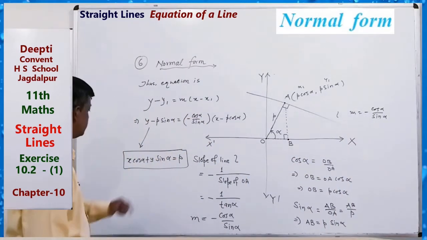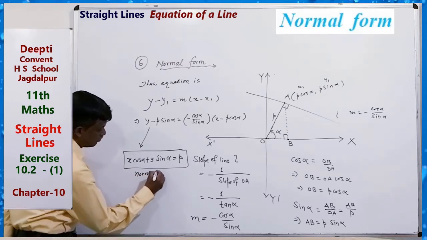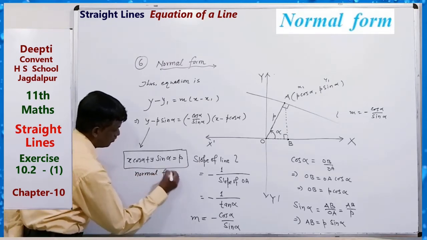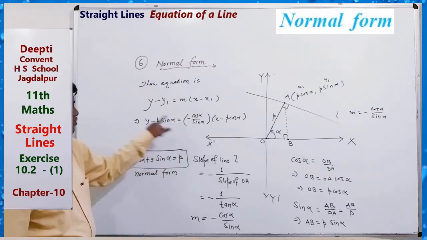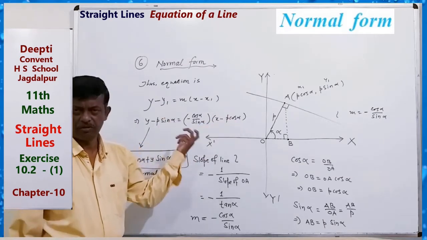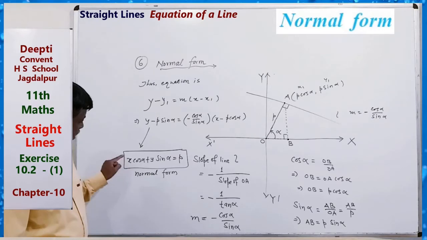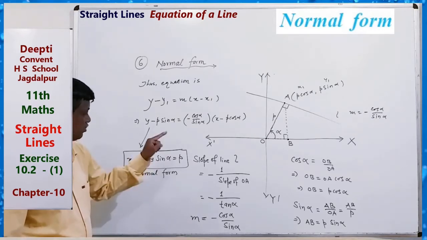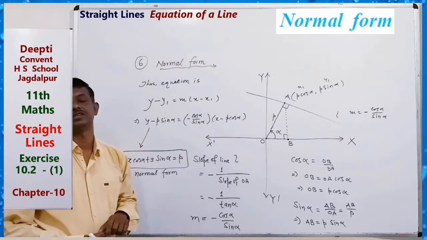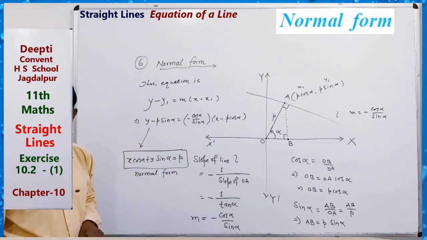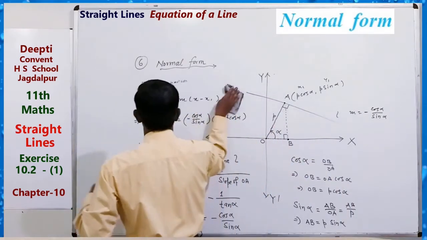So this is the normal form. You can solve it; just multiply here and solve it. After solving, you get x cos alpha plus y sin alpha equals p, where alpha means this angle and p means the perpendicular distance of the line from the origin. Clear? So the normal form is also clear.